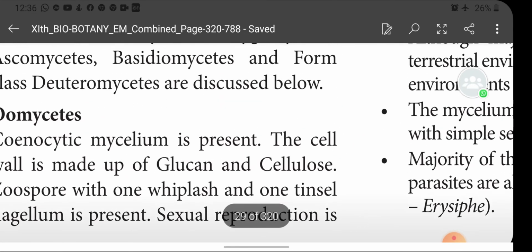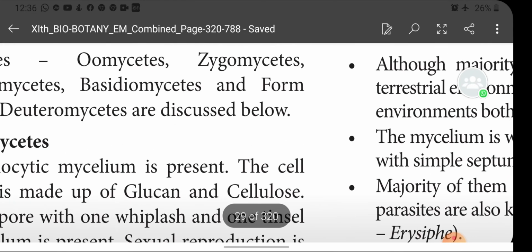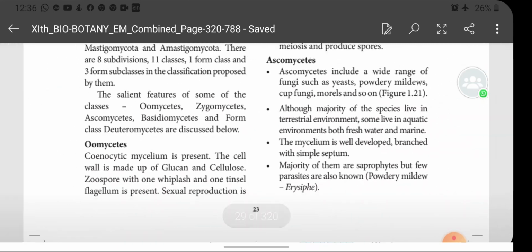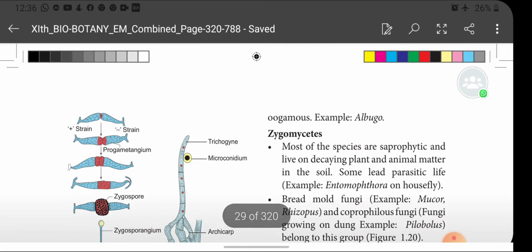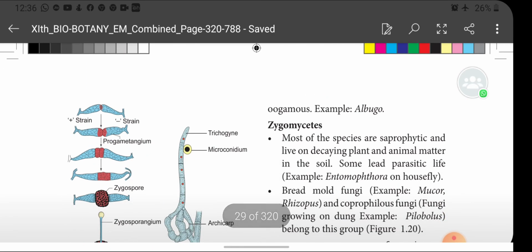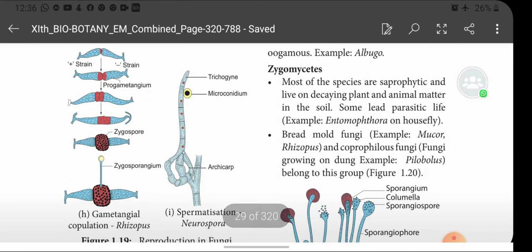Sexual reproduction is oogamous. Example: Albugo.